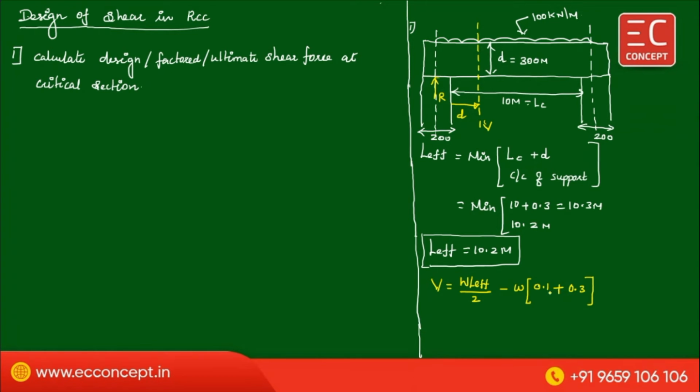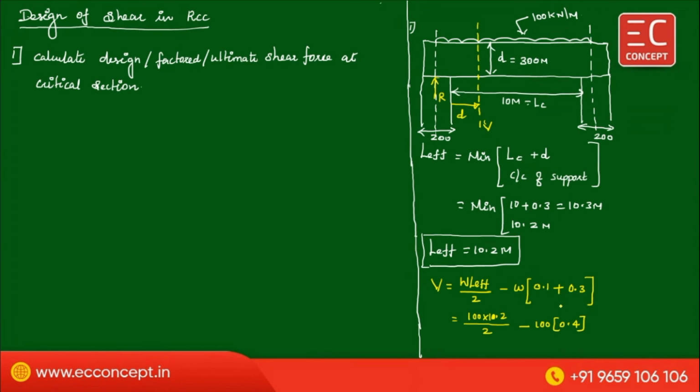0.3. Now you have to substitute the values. 100. What is L effective? L effective is equal to 10.2 divided by 2 minus 100 into 0.4.